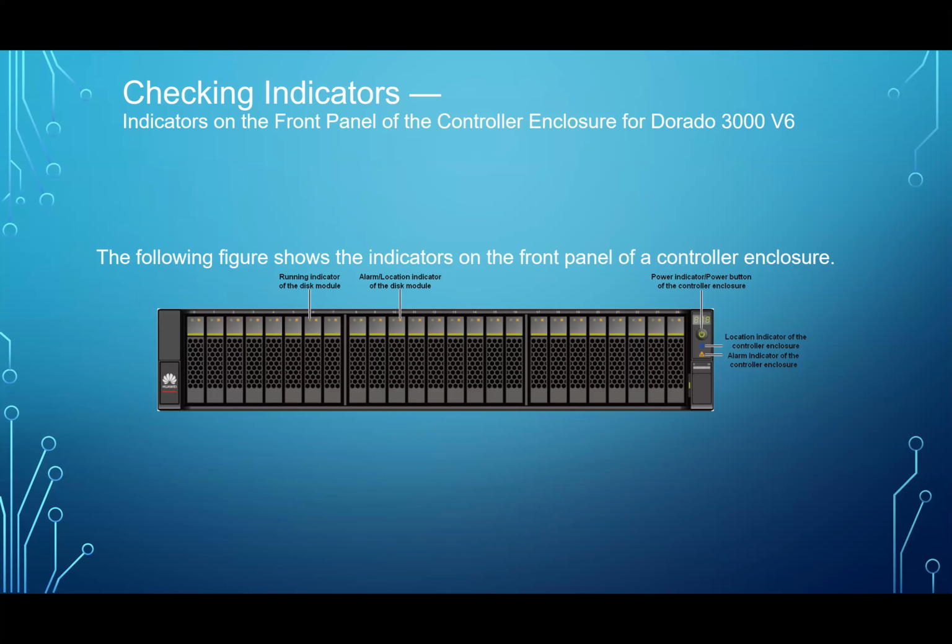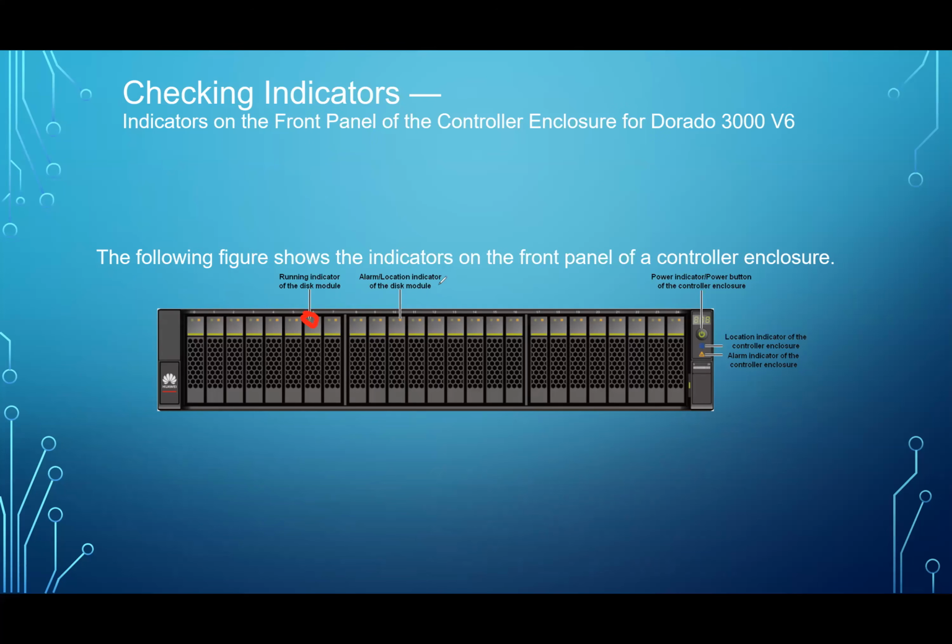I included in my presentation 2 of the most used models, mainly the most sold products from our side. We will begin with Dorado 3000 V6. Firstly, the front panel. You can see here we have the running indicator of each and every disk.